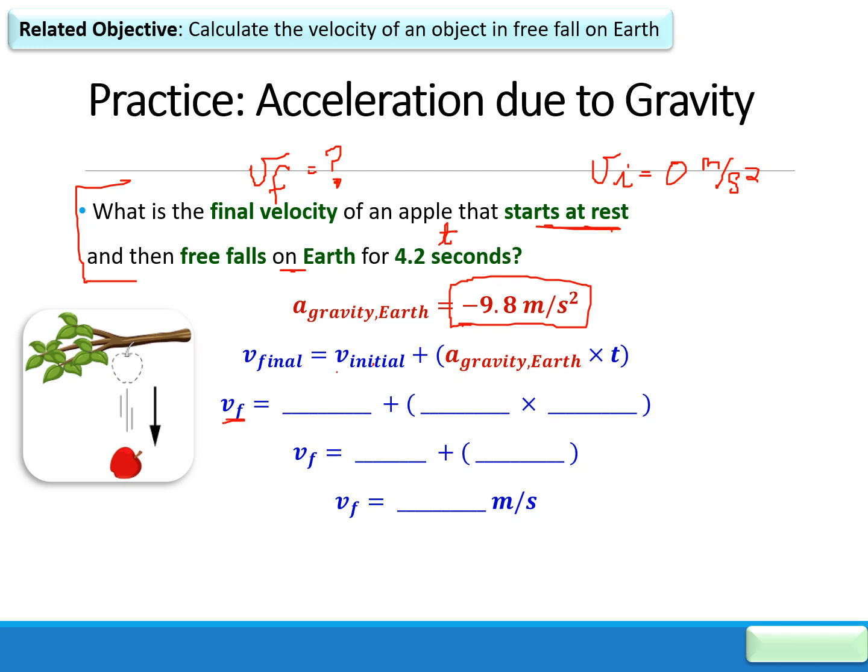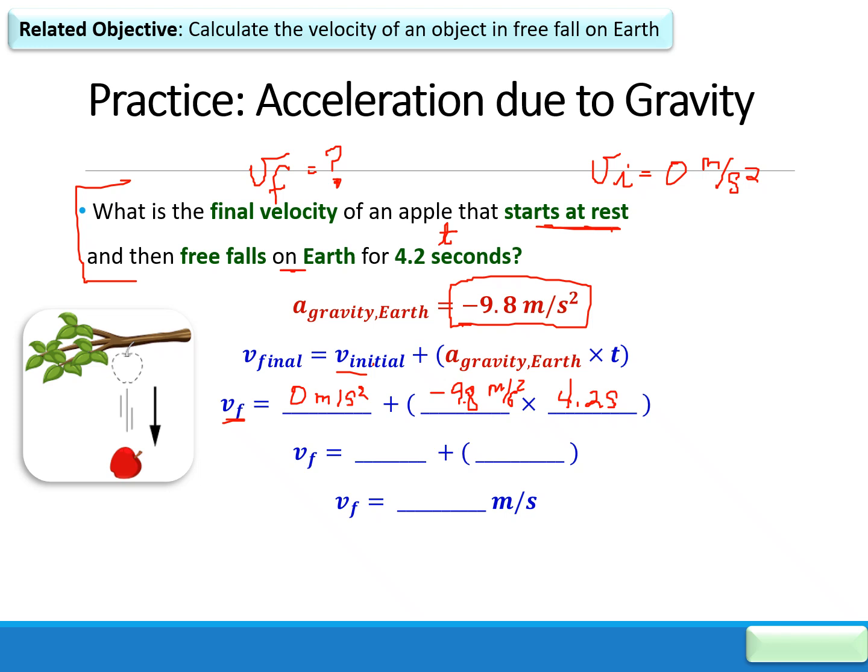My initial velocity, I said, was 0 meters per second squared. Acceleration due to gravity on Earth is a negative 9.8 per second squared, times my time, which is 4.2 seconds, right?